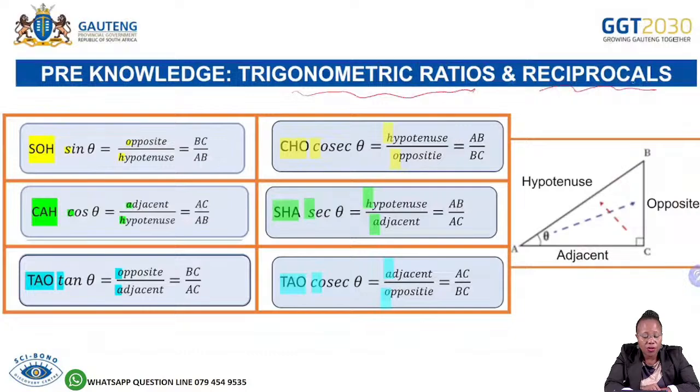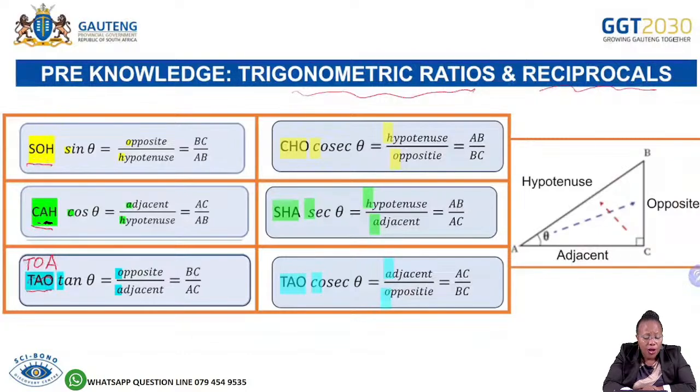So for the original, for abbreviation, in order for you to easily remember this, we are using SOHCAHTOA. This is SOHCAHTOA. It must be TOA, grade 12. Please rectify that. That is SOHCAHTOA.